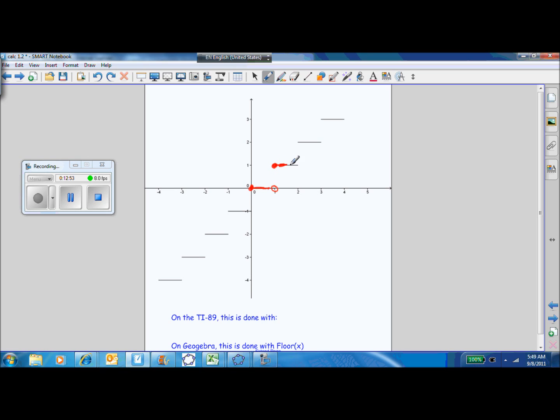All these stay at 1. And then it jumps up to 2. So on each of these little stair steps, it's closed on the left and open on the right. Same thing over here. We just looked at negative 1.2, and notice negative 1.2 is going to come down here to negative 2.